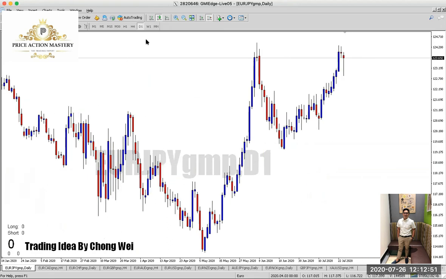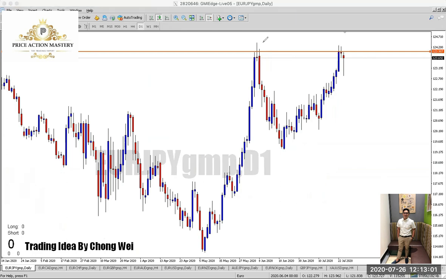Basically last week we started to understand the market behavior. As you can see, the last time the market reached this level, it dropped. When this drop happened, we knew that this is the resistance. This time also, when the market reached here, it dropped. So this is a resistance forming.